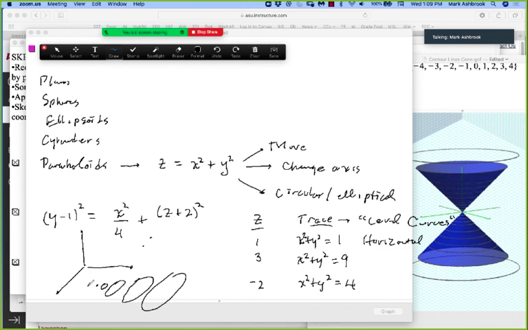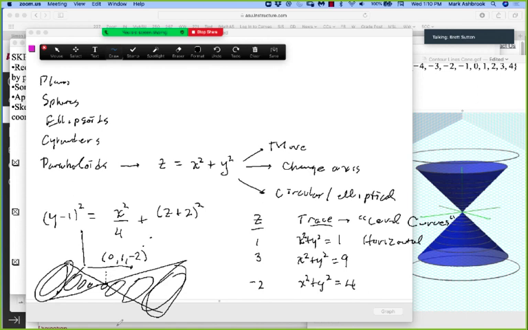Imagining some vertical traces for constant y values. So something like that. So wider in x, 2 times the width in x than it is high in z. And then centered now at this point, 0, 1, negative 2, down here below the y-axis.